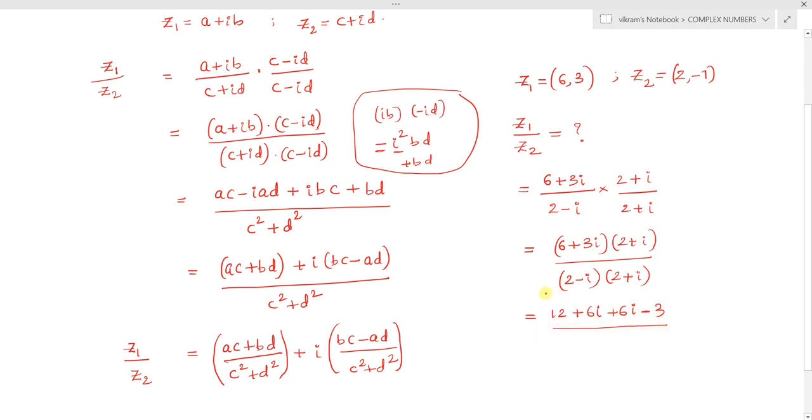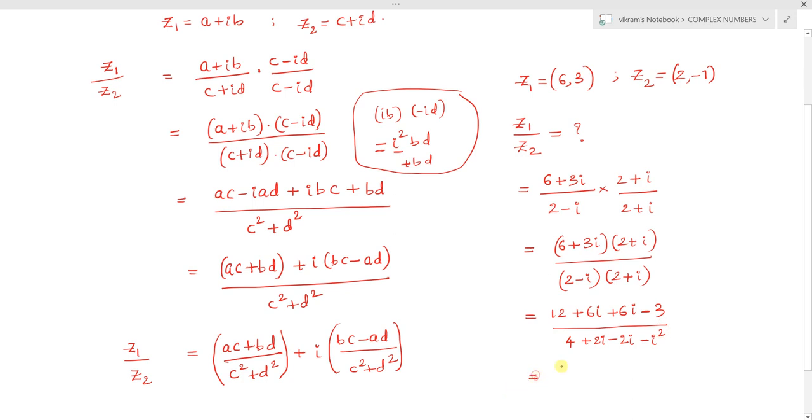For the denominator, a plus ib into a minus ib generally gives a square plus b square. So 2 into 2 is 4, plus 2i, minus 2i, and minus i into i is minus i square.